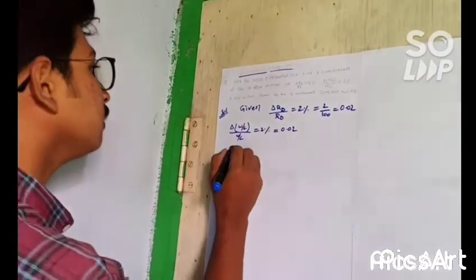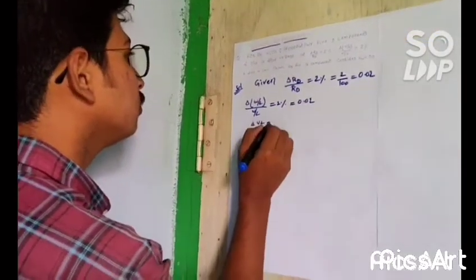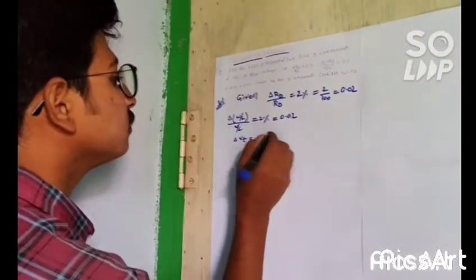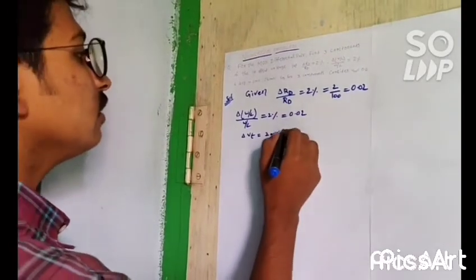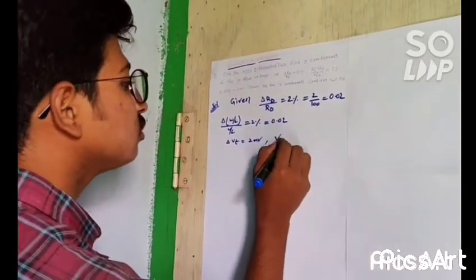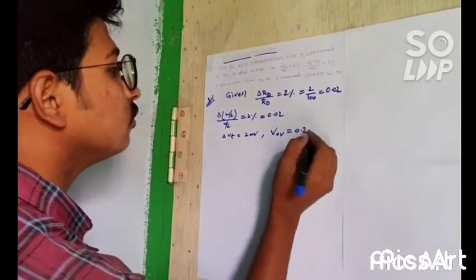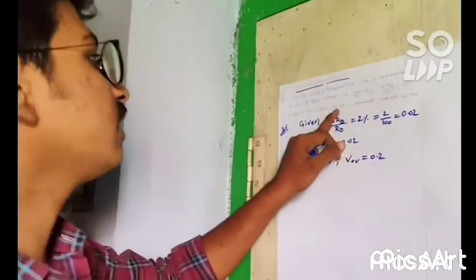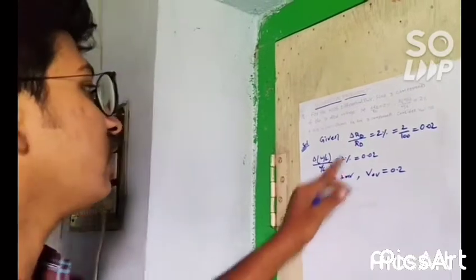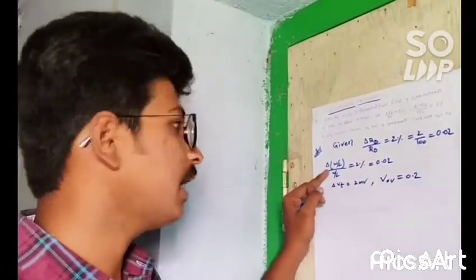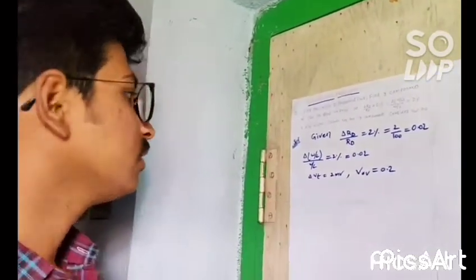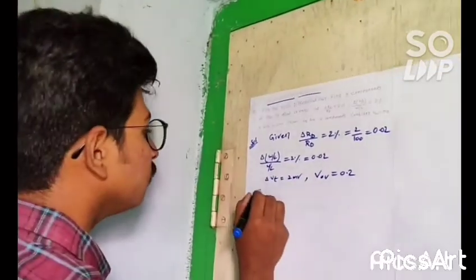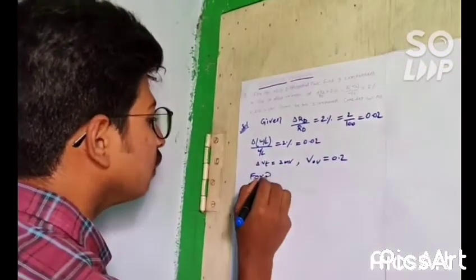Now and again delta Vt is equal to 2 millivolts and given VOV is equal to 0.2. Now here we want to calculate VOS for three components, that is for Rd, W by L and delta Vt.